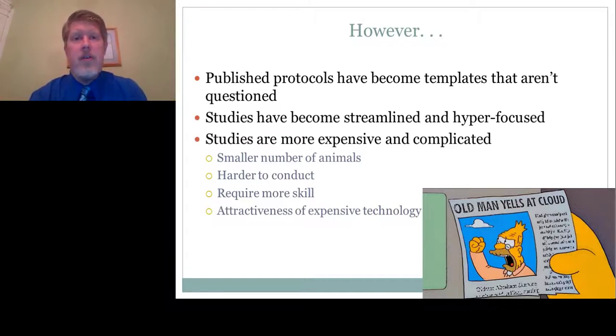The studies themselves are harder to conduct, so we're less prone and less willing to run them. The skill level is higher, and the actual skill that we need to have high quality data is even higher than that. And there's an attractiveness of expensive technology, but that adds to the cost, which again goes on to reduce, if you will, the instances of doing these.